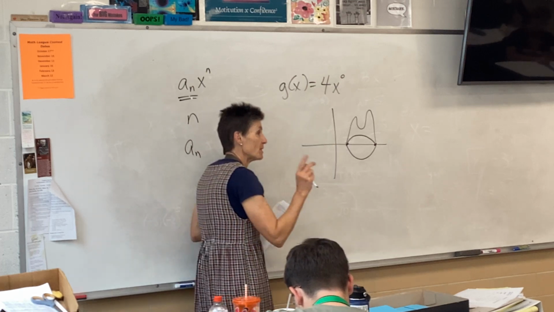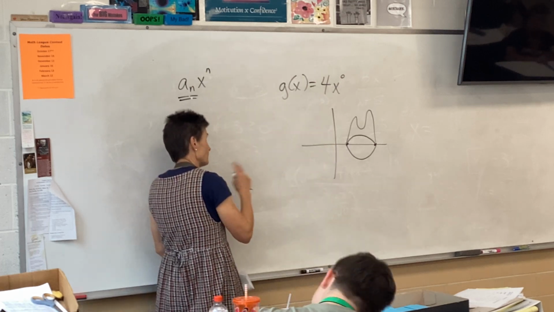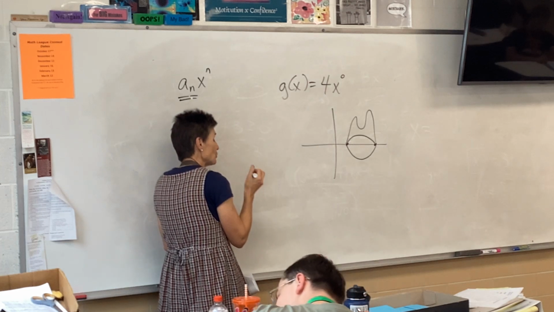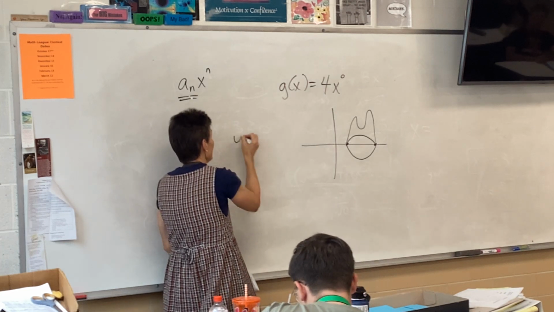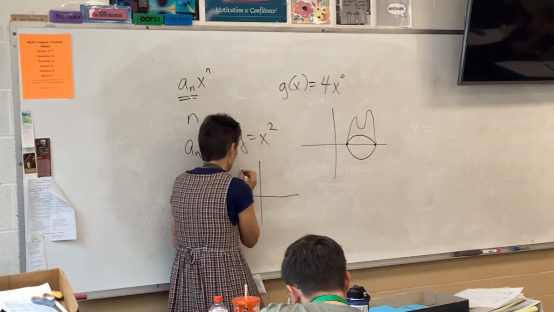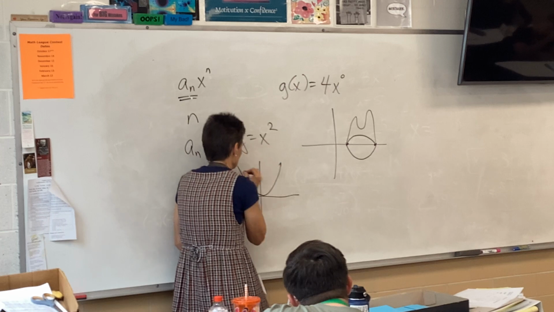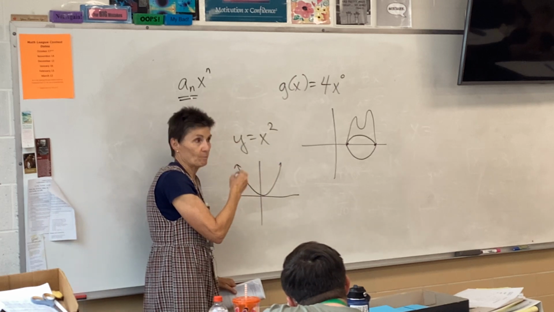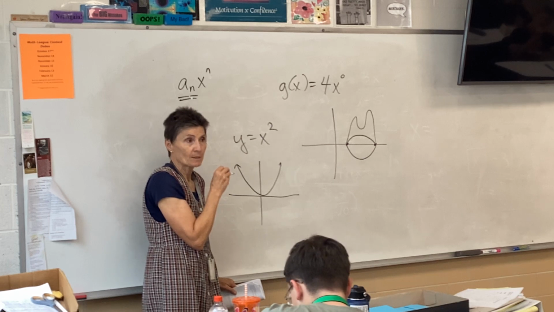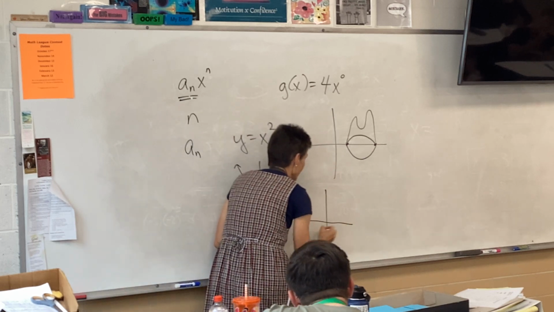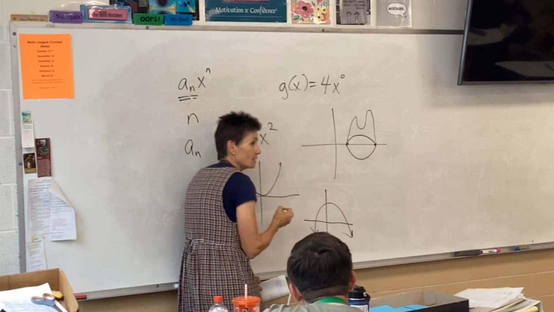Now, I want you to think about, we haven't gotten to much of this conversation yet, but an even degree polynomial would be like x squared. And x squared looks like a parabola. Okay, so let's just think about x squared parabolas, even degree. Every time I draw one of those, put a negative in front of it and it looks like this, right?